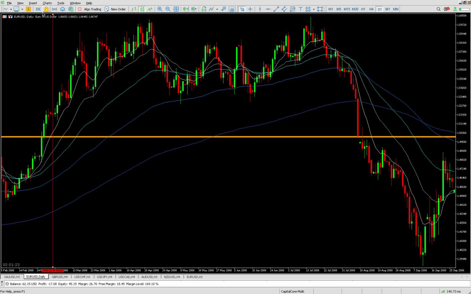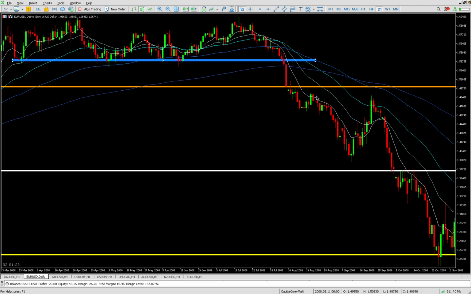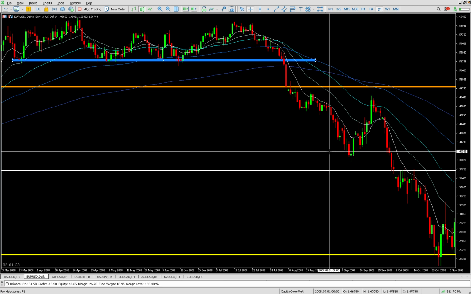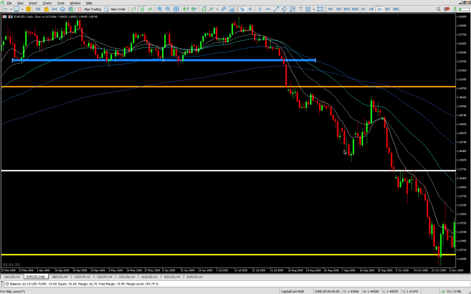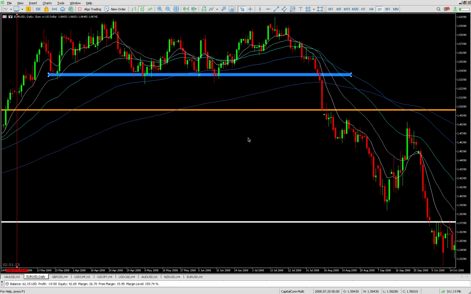You kind of have an area right here that you can look at, because you can see once we broke down below here, it was just gone. And even when we got down here, it was just gone. Retest gone, retest gone. That's a lot of points in between there, so that's a serious retracement, a serious uptrend.